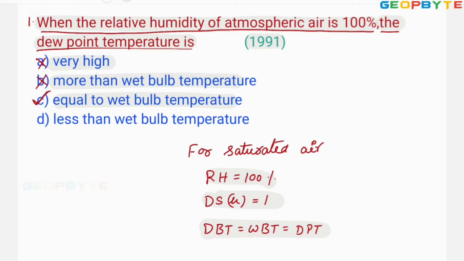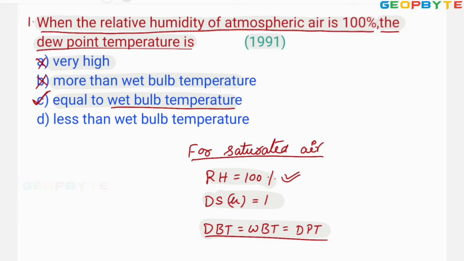The dew point temperature, wet bulb temperature and dry bulb temperature, these three are identical for saturated air maintaining 100% relative humidity. I hope you got my point.